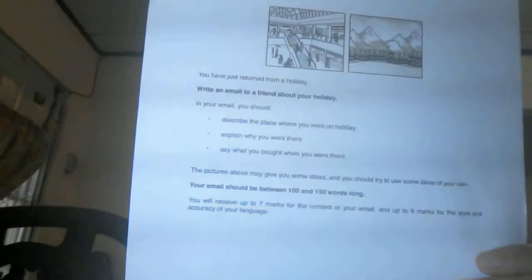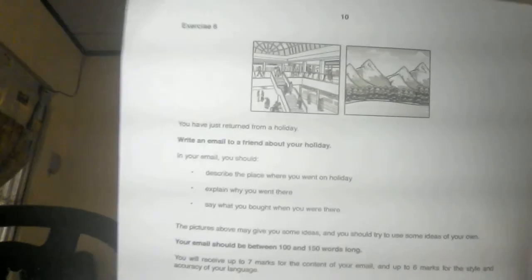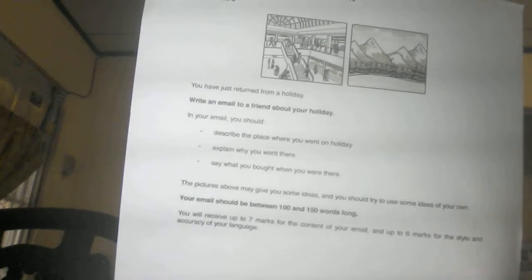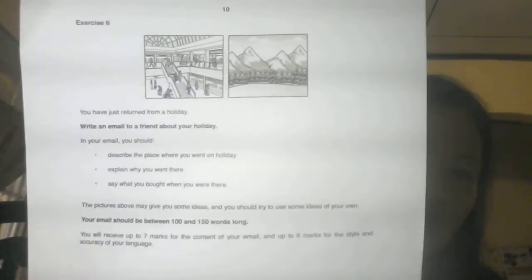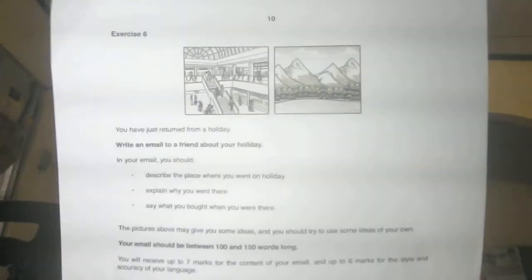Now let's move to exercise 6. Here you are. This is really productive. They only give you the hints, what you have to include, and the pictures. You have to write an informal letter, an email actually, to a friend.